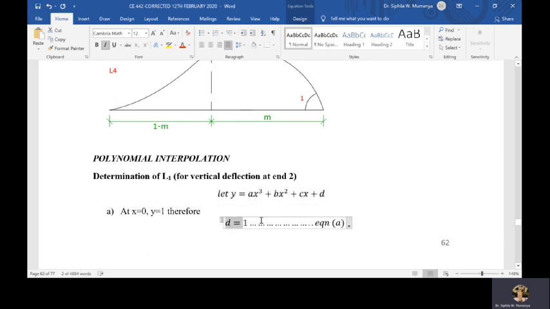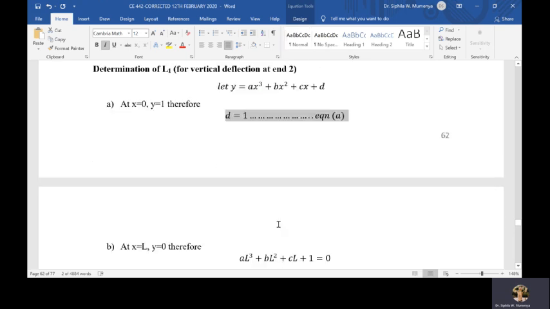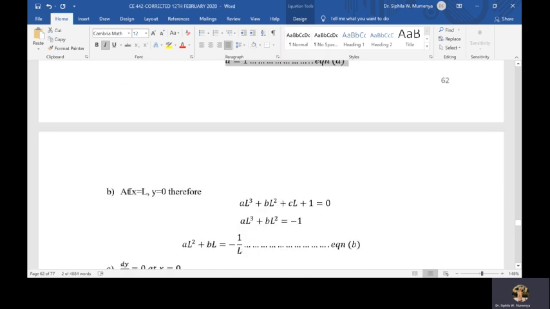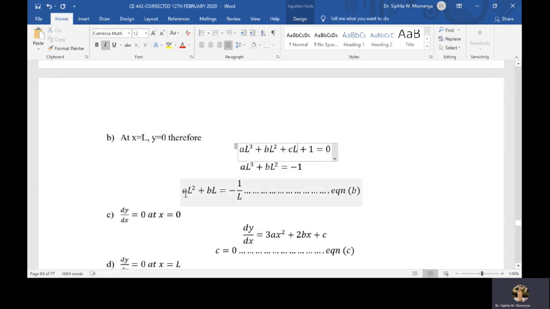So we will immediately know the value of d equal to 1. And at x equal to L, our displacement is 0. Therefore, now we again plug in our values. We replace x with L and give it a value 0. So we are able to come up with an equation, aL squared plus bL is equal to 1 over L.